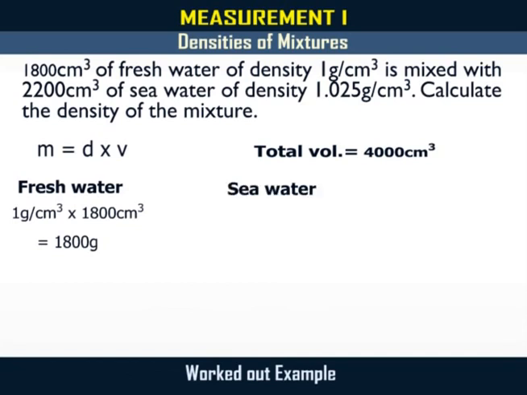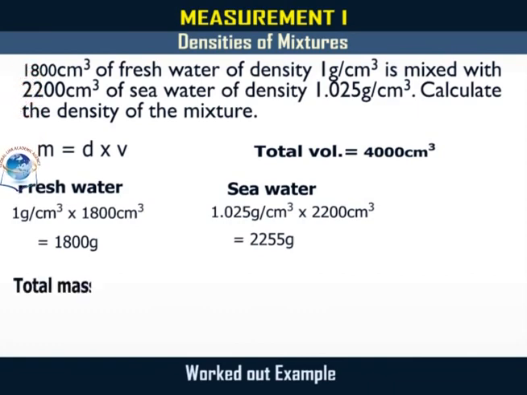Mass of the seawater is equal to 1.025 grams per cubic centimeter times 2,200 cubic centimeters. That gives us 2,255 grams. The total mass will be equal to 4,055 grams.